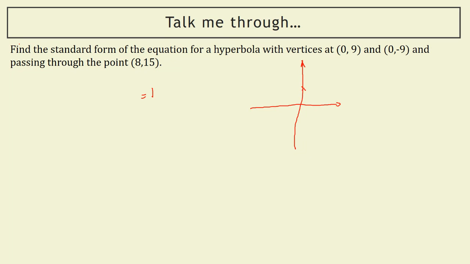Such a convincing man. Right, there we go. So we know it's doing that kind of thing, and we know it's gone the other way around then. So it's y squared over b squared, if we like, minus x squared over a squared.